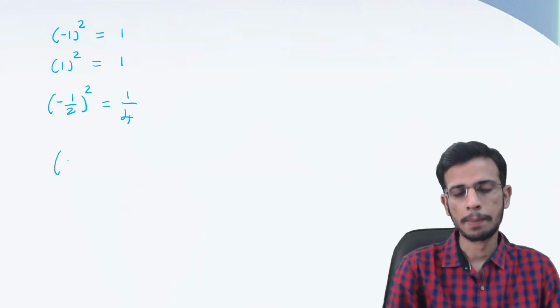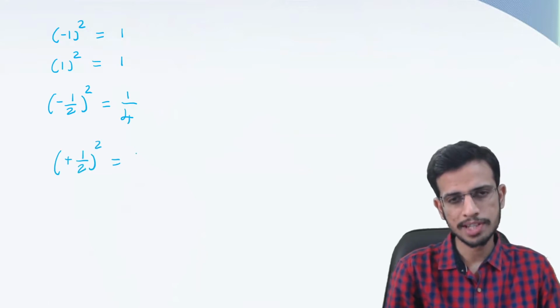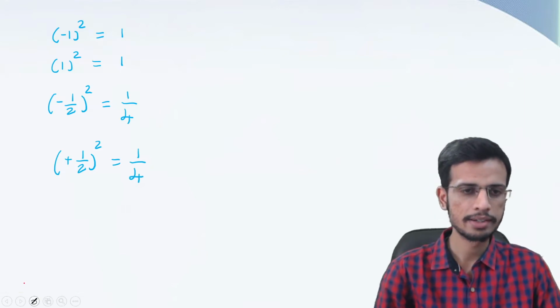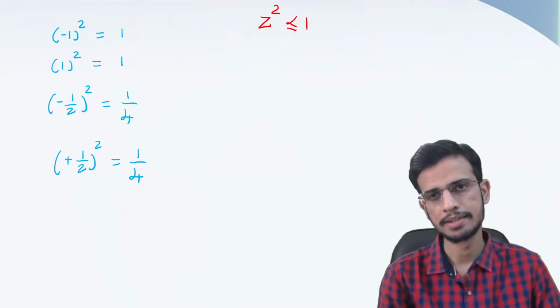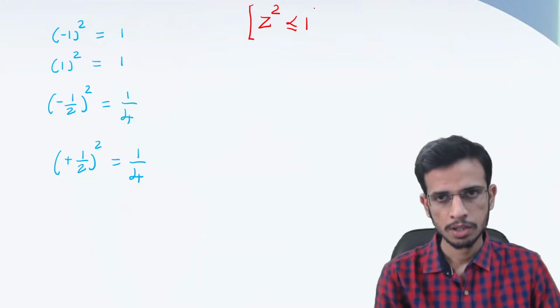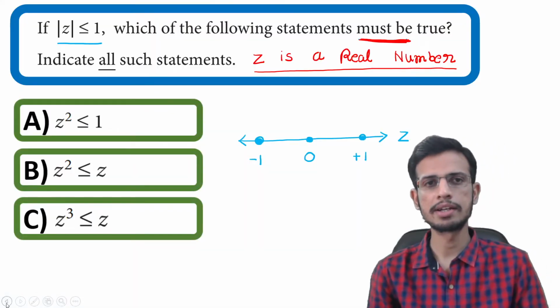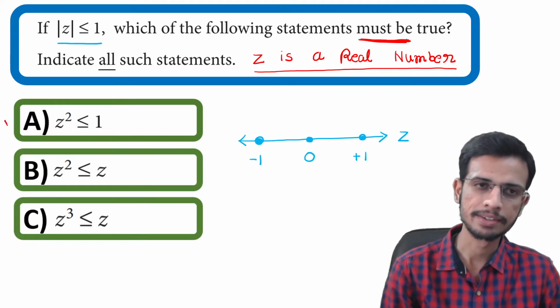Like +1 by 2 square will become 1 by 4. So for all such values of z, z square will be less than or equal to 1. The statement is absolutely correct for all the values of z satisfying this inequality. Right? Option A is absolutely correct.